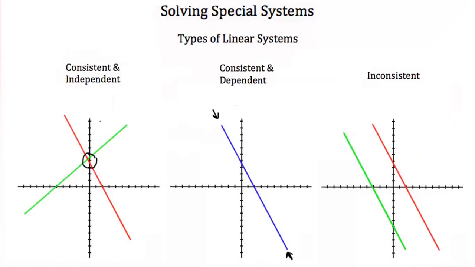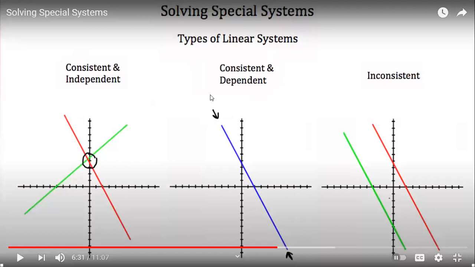These are called consistent independent systems, consistent dependent systems, and inconsistent systems. Consistent and independent systems have just one solution, consistent and dependent systems have infinite solutions, and inconsistent systems have no solutions.